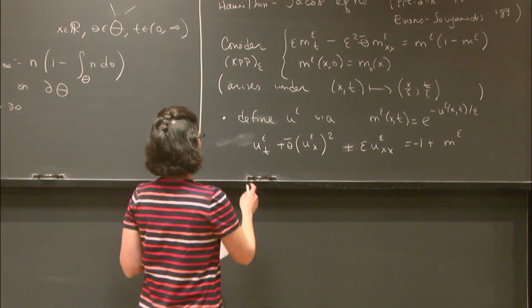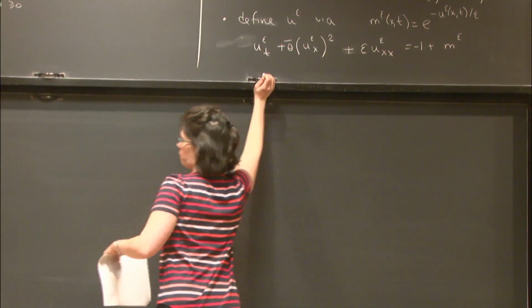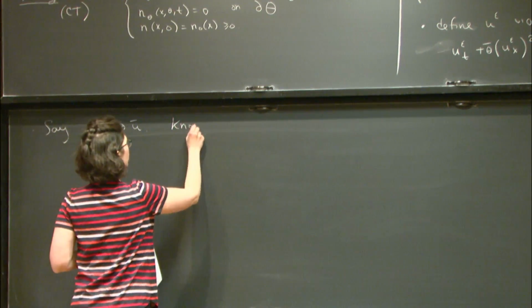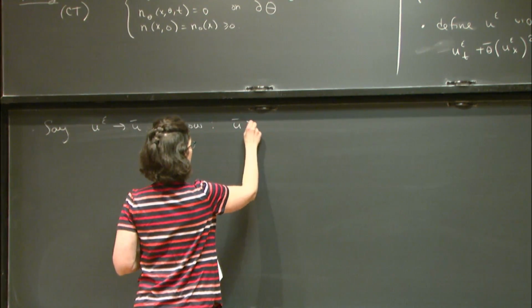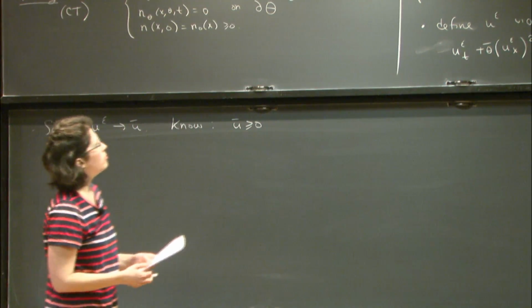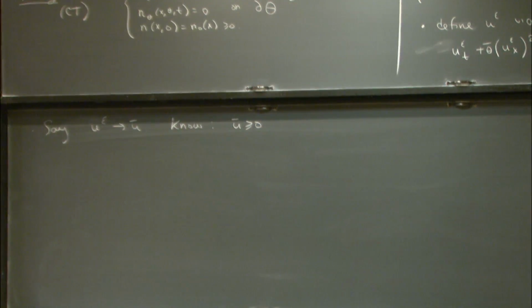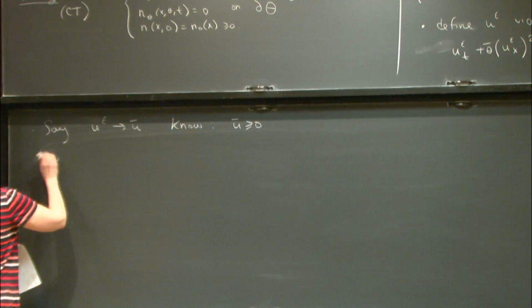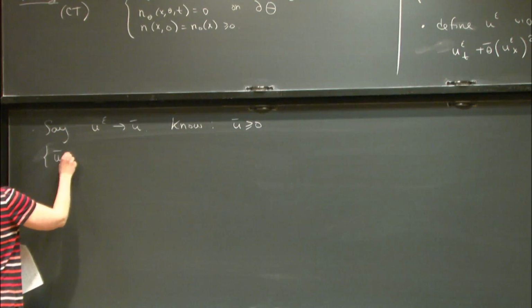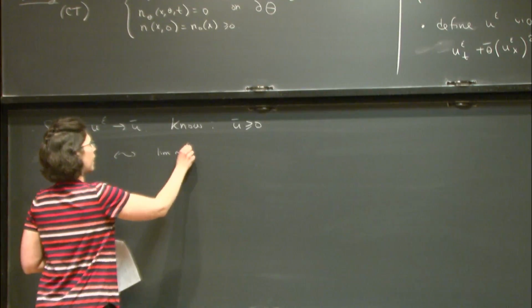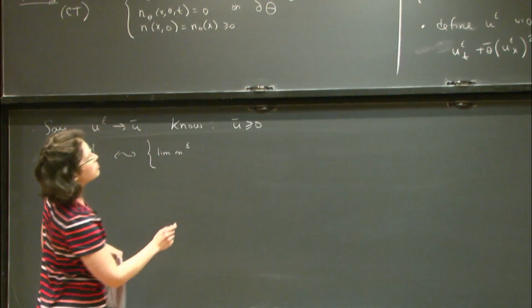What I just said aloud was, say u epsilon converges to some u bar. You know that u bar is non-negative. Moreover, just from the definition, the region where u bar is positive corresponds to the limit of the m epsilons being 0.